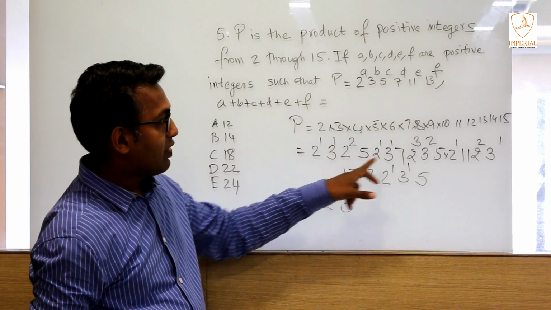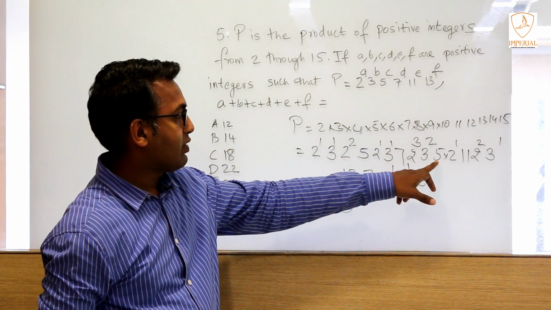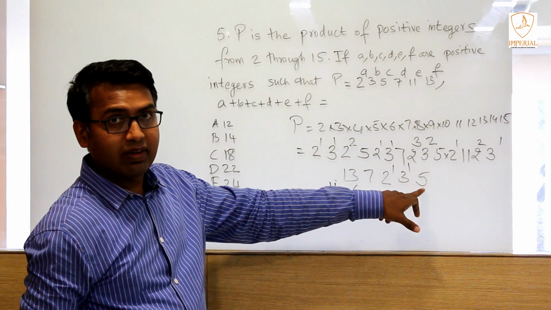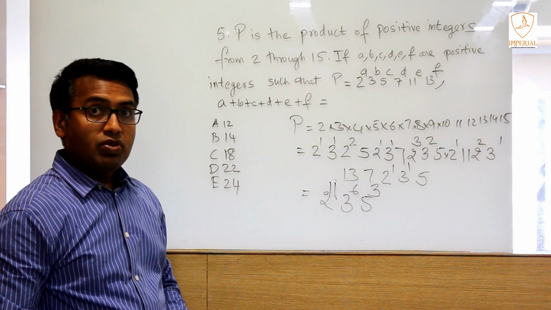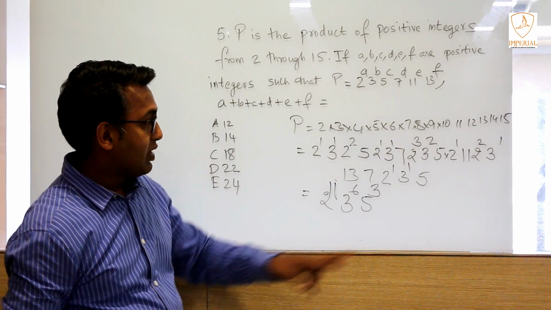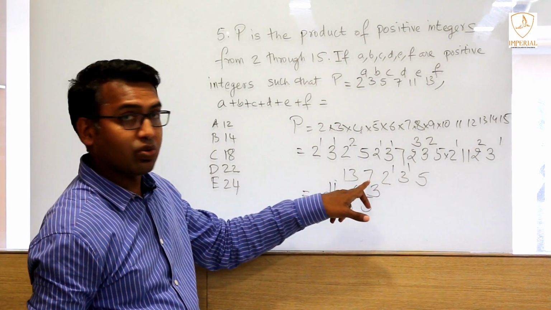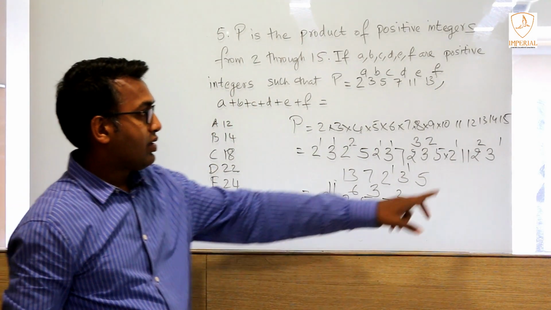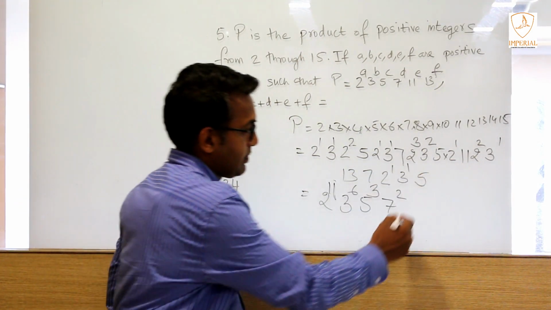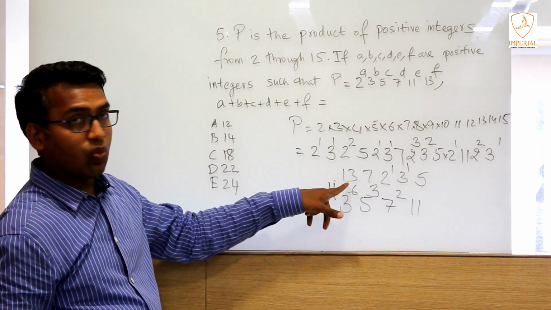Here you have 1 five, here you have one more 5, so 2 fives, and then one more 5 over here, 3 fives. The next one will be 7. Here you have 1 seven and here you have 1 seven, so 2 sevens. Then 1 eleven and lastly 1 thirteen.